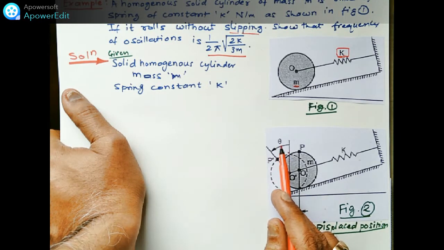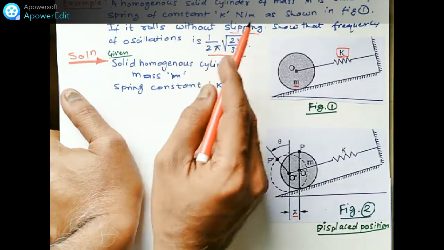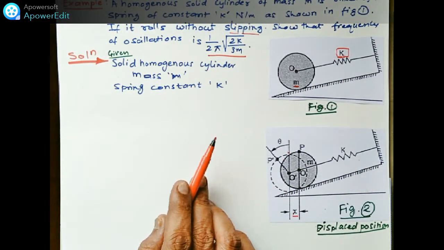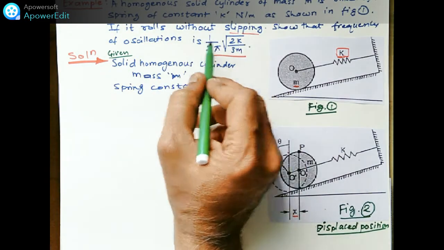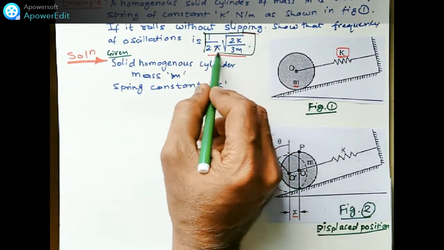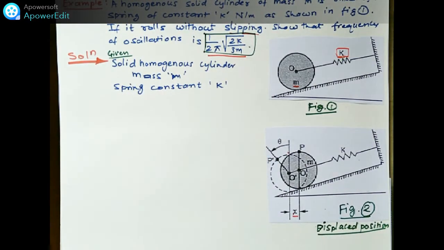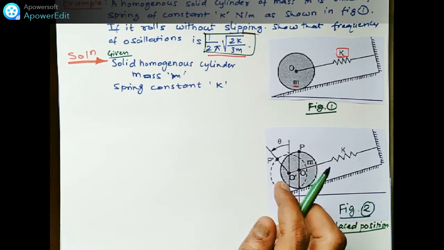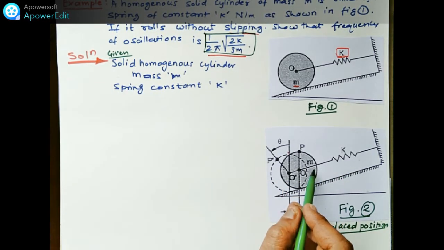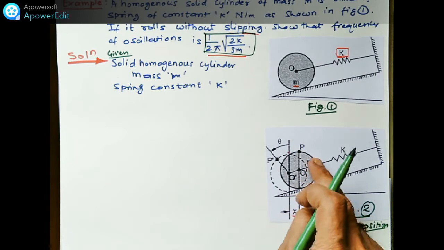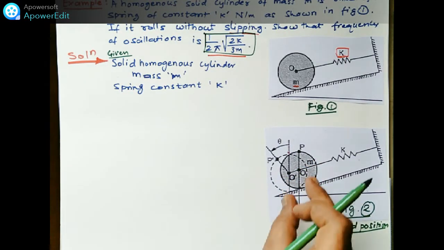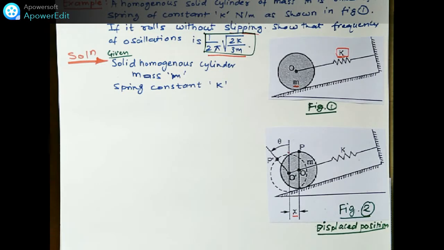So friend, we utilize the energy method here to find the natural frequency. We have studied this. What will happen in this case? The cylinder is rotated by angle theta, and similarly it is displaced from this position to this position, a distance x.